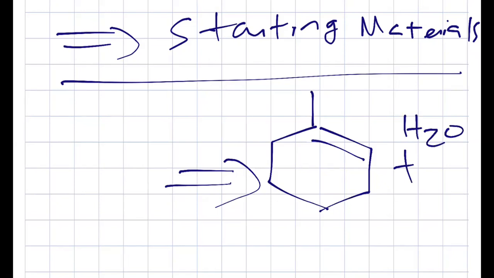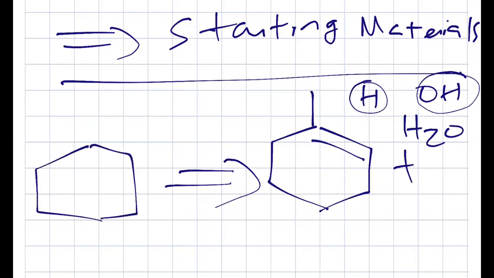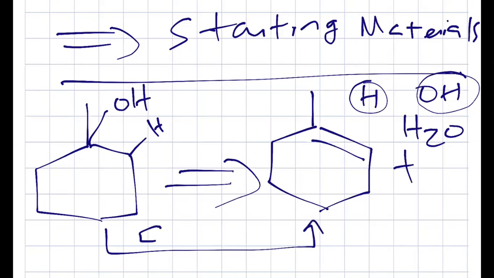So the immediate precursor to that would be if I took the H and added it to one side and the OH and added it to the other side. So let's say we started out with this, and then the H was here, right? That's a retrosynthesis. Start with what you have in the product and work backwards to figure out what the starting materials are, right? So I could get from here to here by elimination.